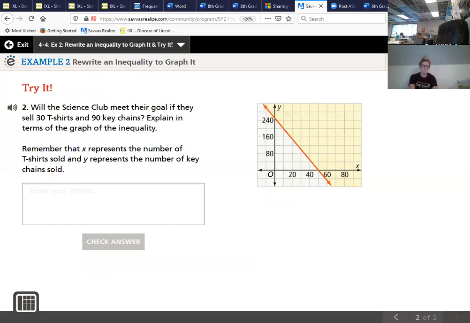Okay, using this graph, will the science club meet their goal if they sell 30 t-shirts and 90 keychains? Remember, t-shirts is x, keychains is y. Try looking at that, or even in your book if it's a little bit clearer. Will they reach their goal?